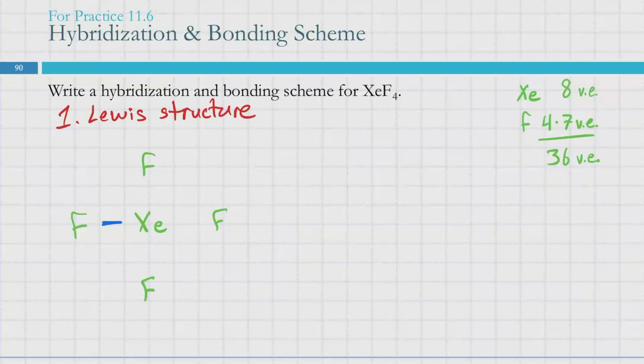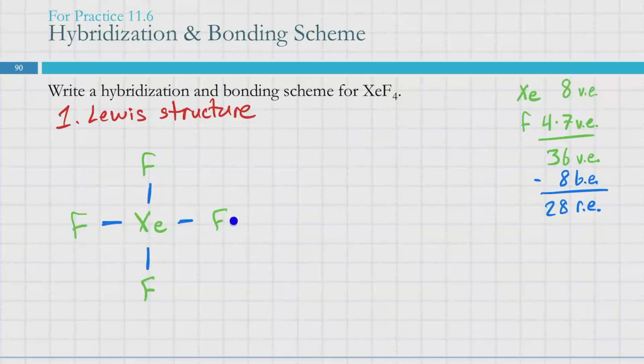To get everything connected, we need to throw in some bonds. So we're going to start off with 1 bond each. That's 4 bonds, which is 8 bonding electrons. So we've got 28 remaining electrons. And now we want to start filling in our valence electrons from the outside, working our way in.